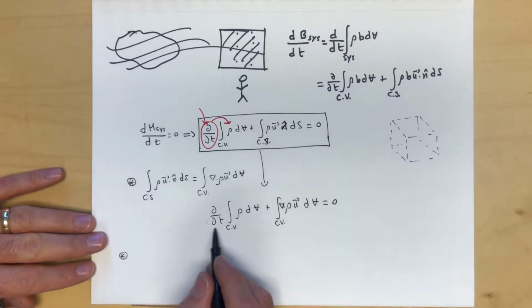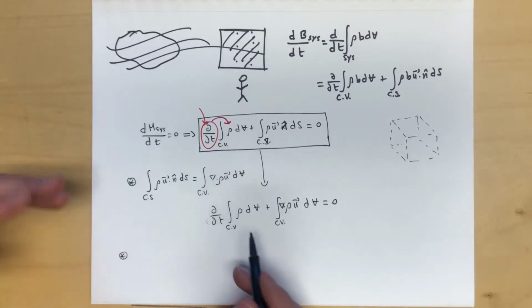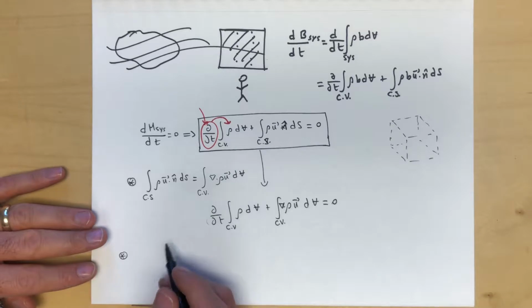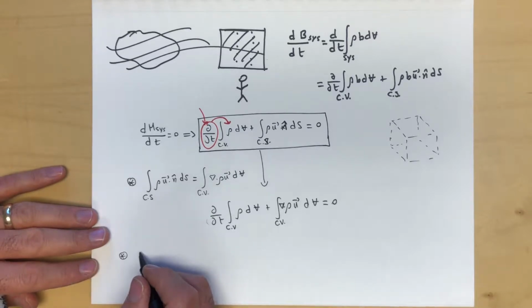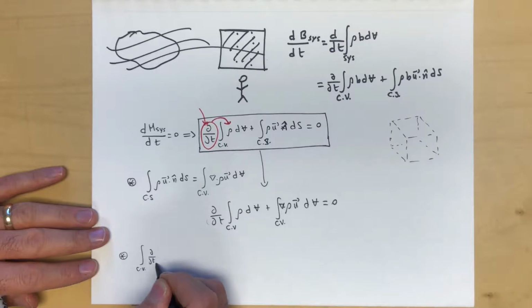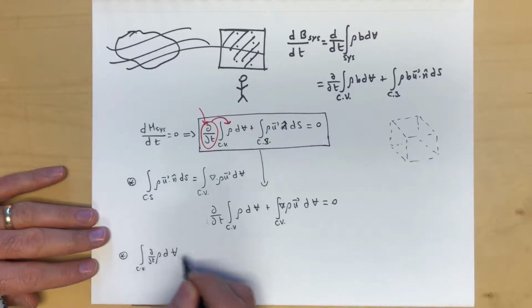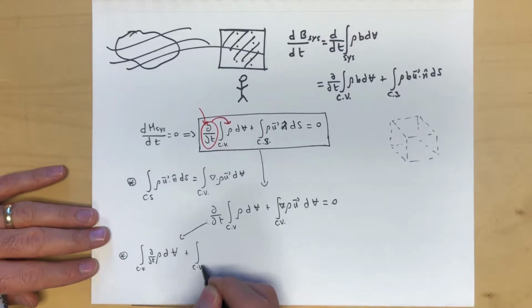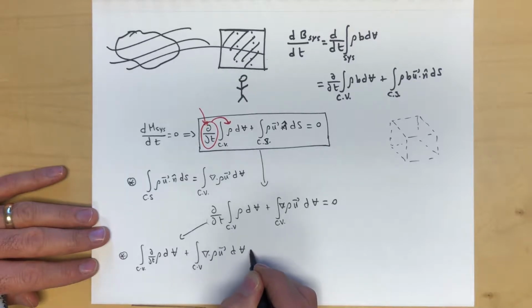Then the partial derivative can go inside the integral, because the integral domain is not changing in time. So we have the integral over the control volume of partial rho/partial t dV, plus the integral over the control volume of div rho u dV, equal to 0.